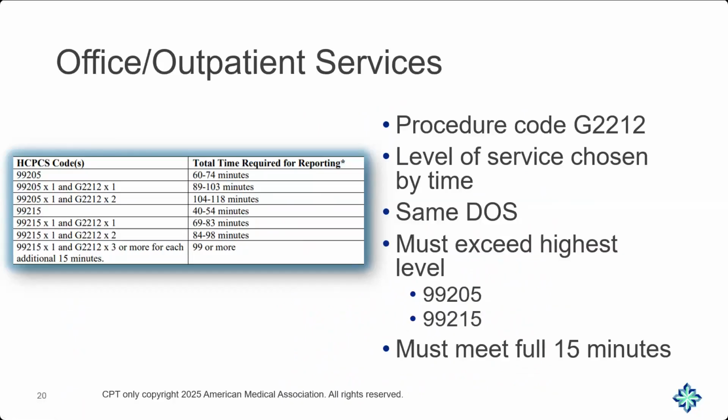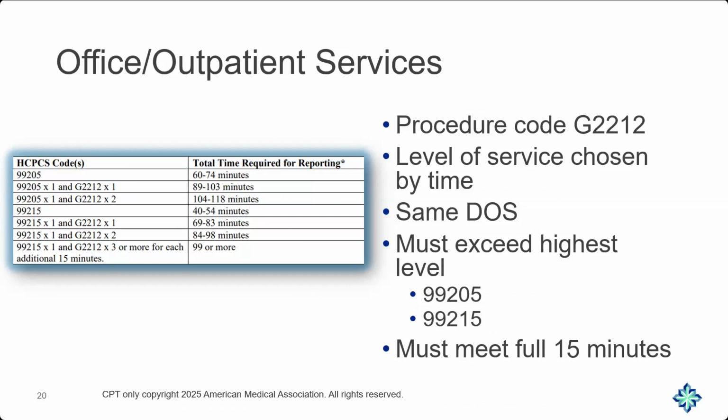So as I said, the threshold is typically 15 minutes, but you do need to meet CMS's thresholds. Starting with office and outpatient services, you are going to be using G2212. And again, it's only available to you when you are choosing level of service via time and you have met or exceeded the highest level of time for either that 99205 or that 99215.